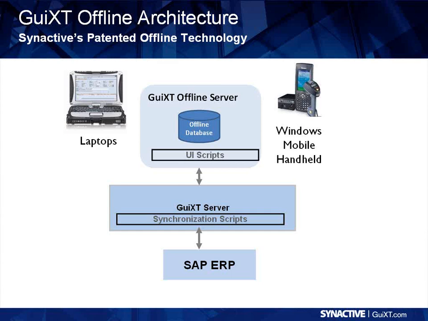The principal components of the offline server are the JavaScript that defines the screens displayed on the mobile or laptop device, and the API file, which we refer to as the synr3.js, but it's an API file where all the offline generic functions are stored.